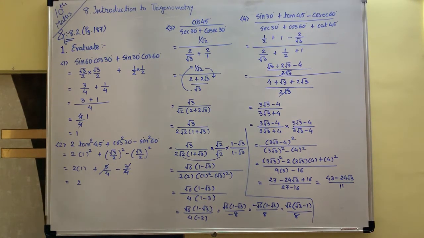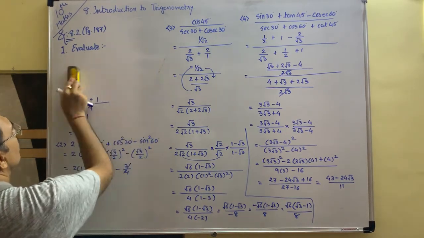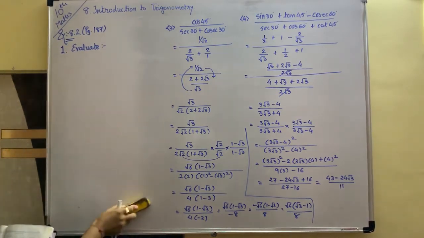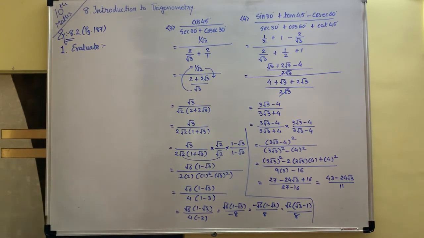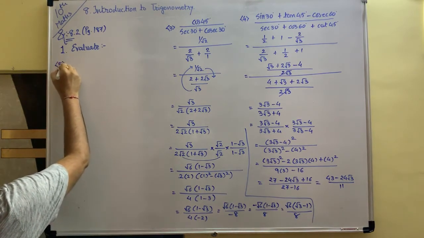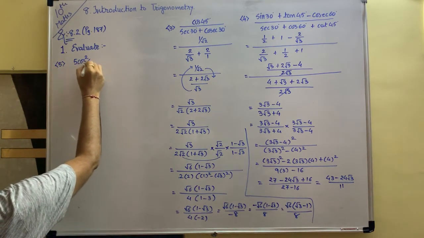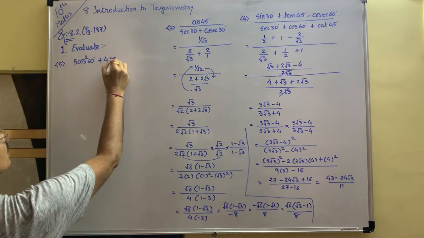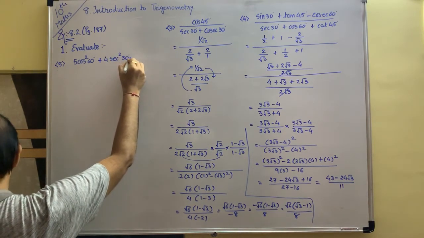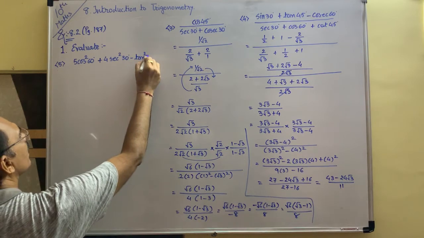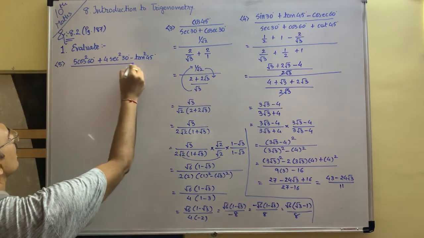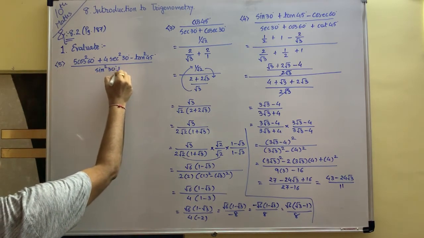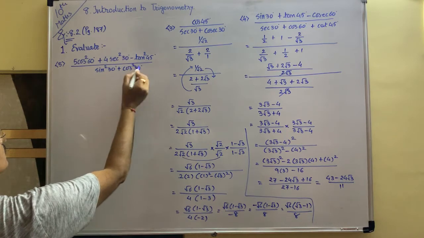Now question number 5: 5 cos square 60 plus 4 sec square 30 minus tan square 45, divided by sin square 30 plus cos square 30.